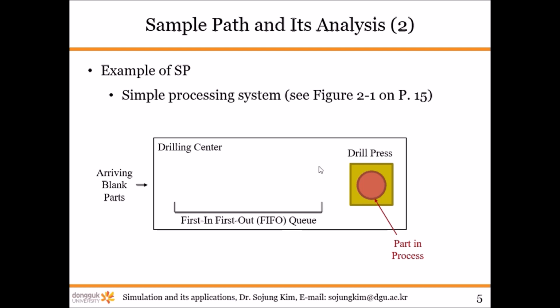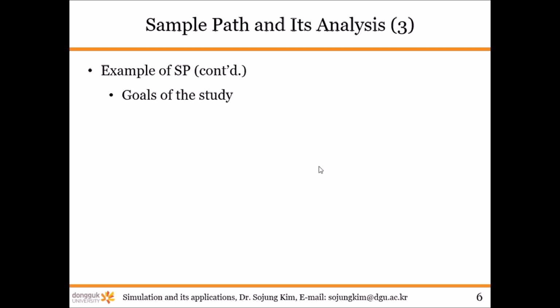The drill press can process one part, and while the drill press processes the part, another part entering the system definitely has to wait in the queue, as you can see. And then once the process is finished, the processed part will leave the system, as you can see.